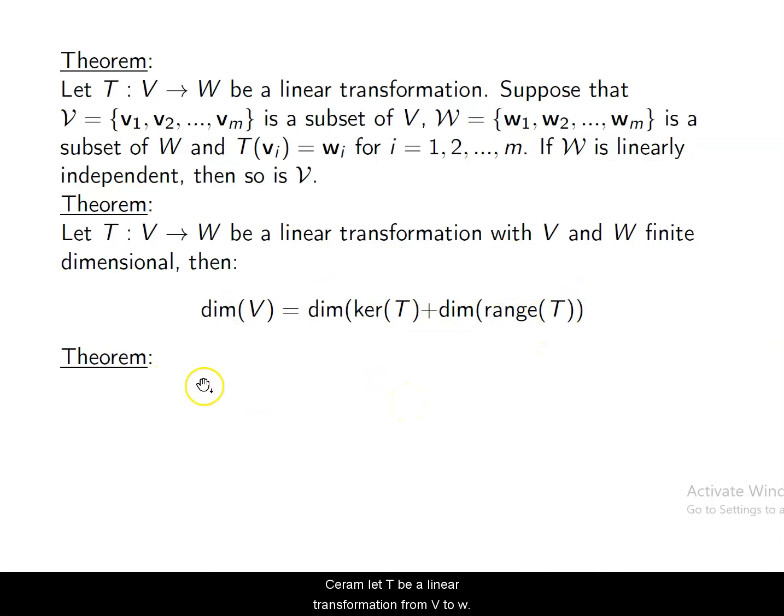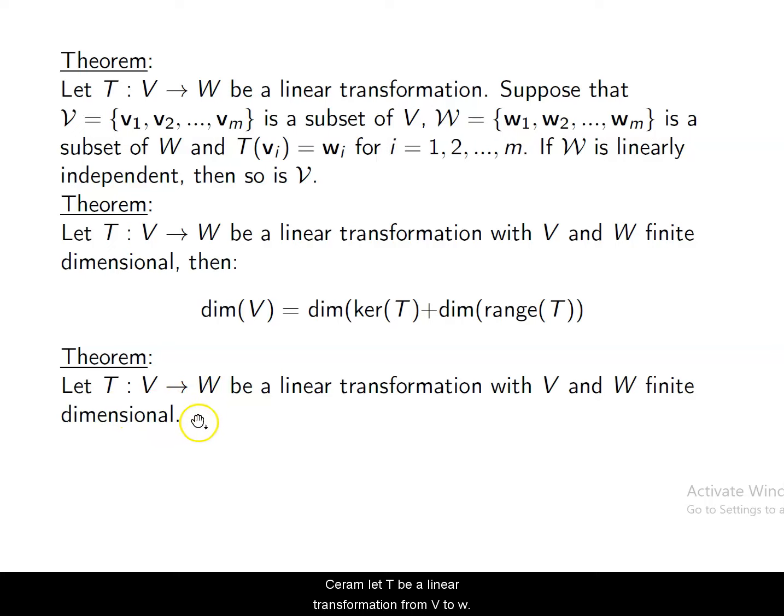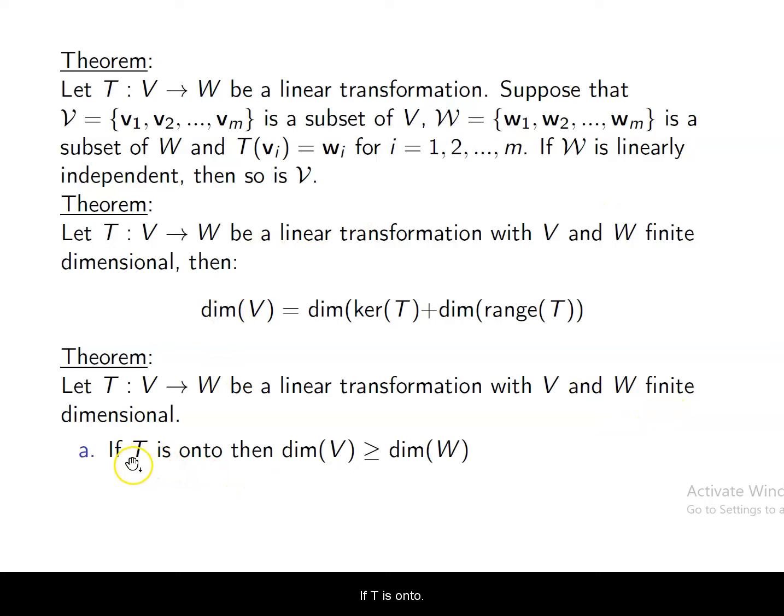Okay. Theorem. Let T be a linear transformation from V to W, with V and W both finite dimensional. If T is onto, then the dimension of V is greater than or equal to the dimension of W, right?